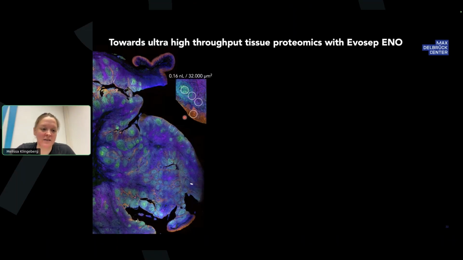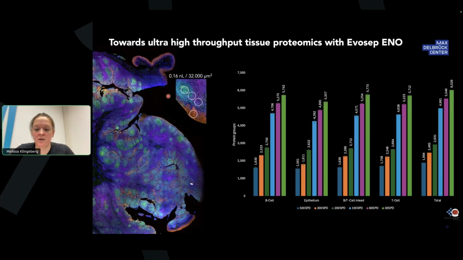We're looking at this human tonsil tissue, again with some B cell and some T cell areas and some epithelium that is stained in orange on the outside. We isolated those small tissue areas and measured them using this sample preparation workflow and the standard gradients on the Ino.